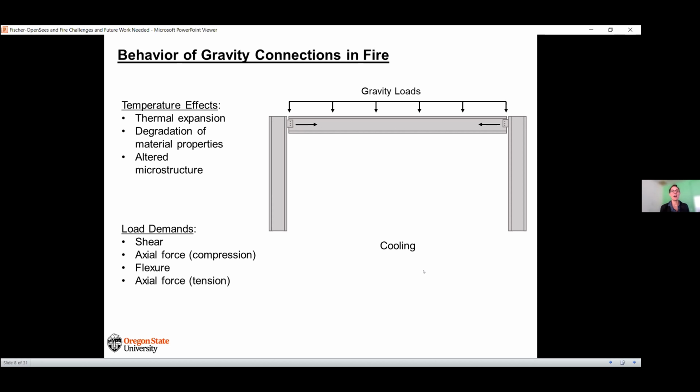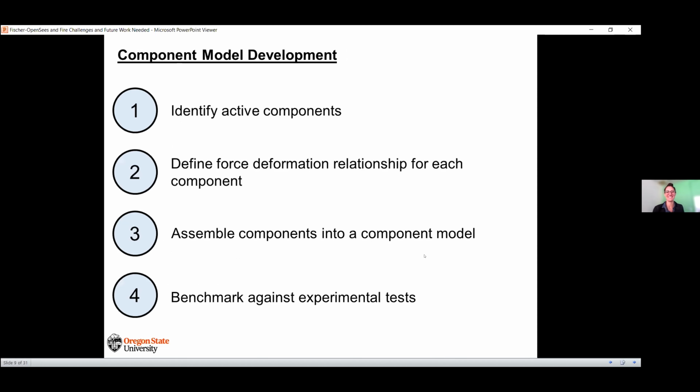Again, these connections we're only designing for shear force are experiencing all these additional demands, and we see failure under each of these demands. So if we are idealizing our connections as pure pins in our finite element models, we are neglecting all these potential demands that can cause failure in our connections. That's why it's important to incorporate these component models.